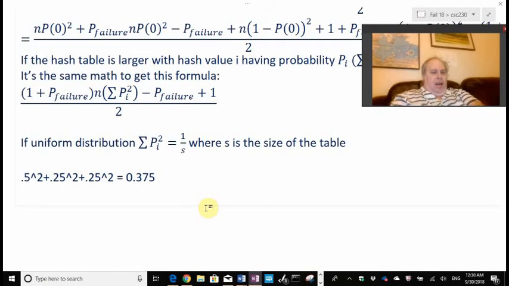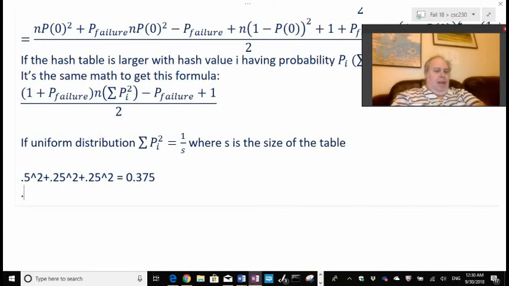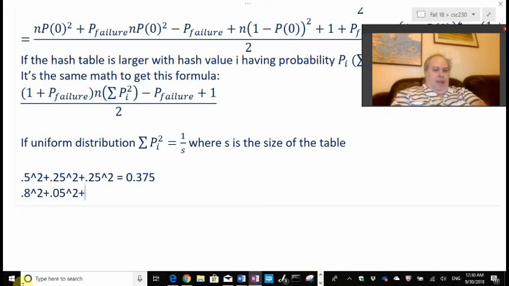Let's say there were 5 items in the hash table, and let's make it really biased. We're going to make it the first item 80% of the time, and then the rest of the items are uniformly distributed, so that gives us 0.05 of the time each.